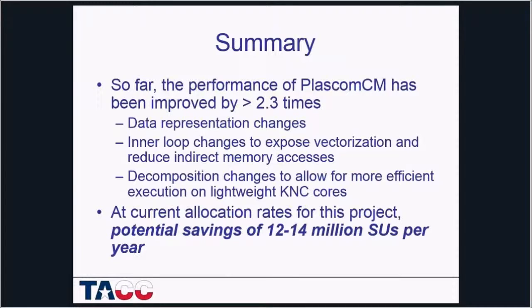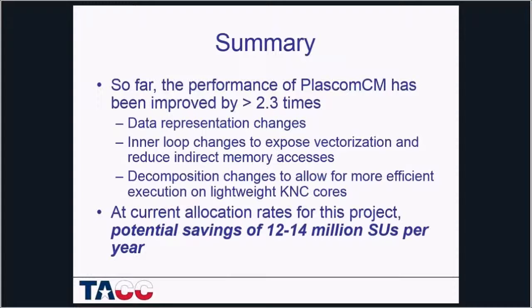So just to summarize what we've done so far on the code, just the first 4 years of the project. So far, we've been able to improve the performance of PlasCom by a little more than 2.3 times, just by doing changes to data representation, switching from compressed sparse row to compressed diagonal.